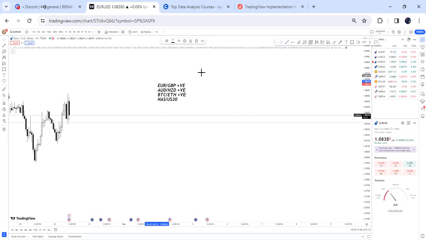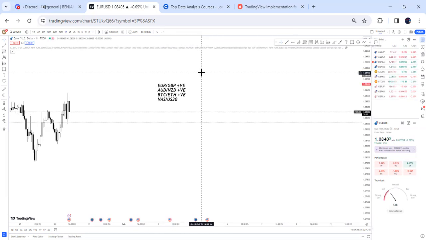When they don't go in the same direction, that's when we have a case of a divergence. When two positively correlated pairs don't move together and they are moving in opposite directions, that's a divergence, meaning that one particular currency is weaker than the other, or one currency is stronger than the other.